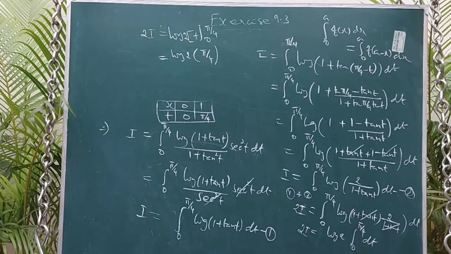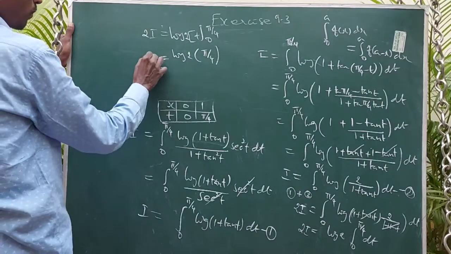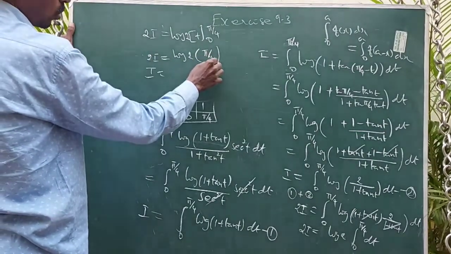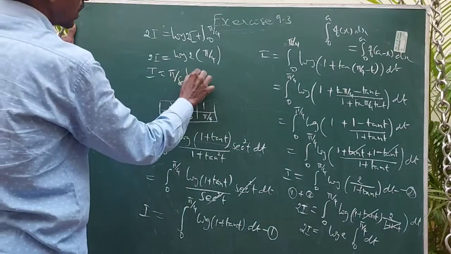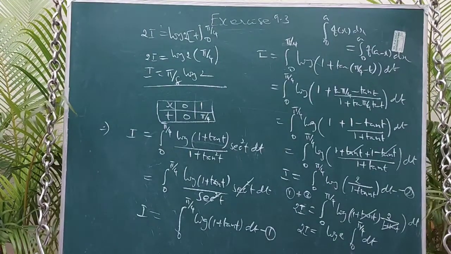But we need only the I value. So I equal to pi by 4 divided by 2, so pi by 8 into log 2. That is the answer for subdivision 8 in exercise 9.3, second sum.